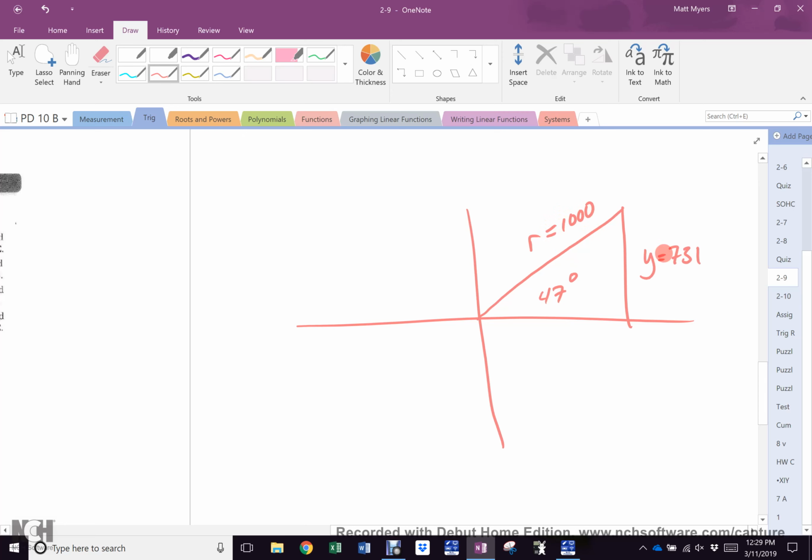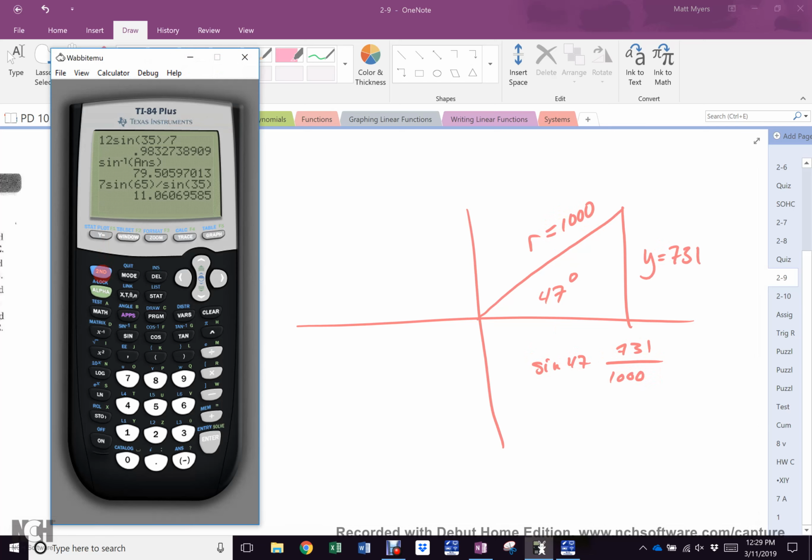So the sine of 47 is 731 over 1,000. Agreed? And if I go to my calculator and go shift sine 731 divided by 1,000, my calculator is going to tell me it's 47. Agreed? Everyone understand? Okay.